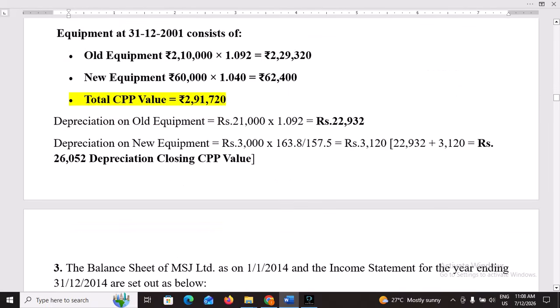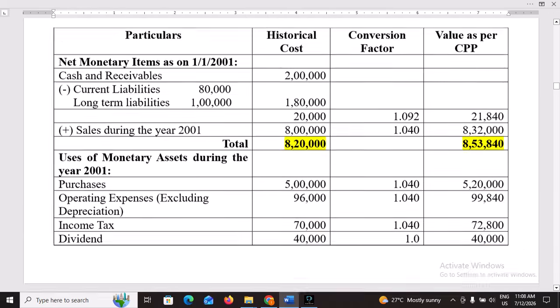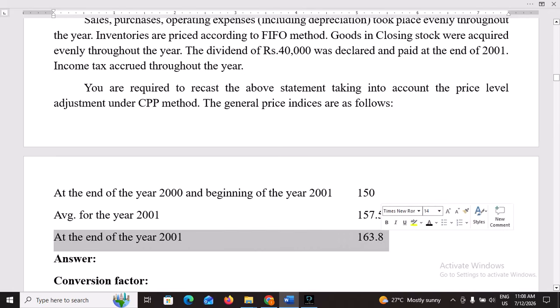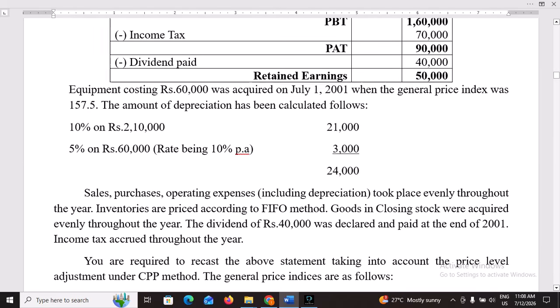Now we need the conversion factor, which is the closing conversion factor, 163.8, divided by the index number at the purchase of new equipment, 157.5. The closing rate is 163.8, but the purchase of new equipment index number is 157.5.